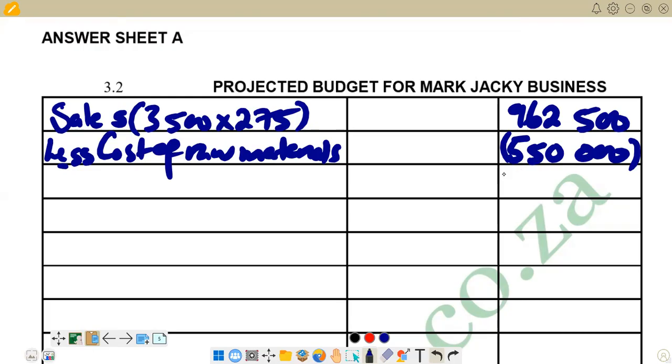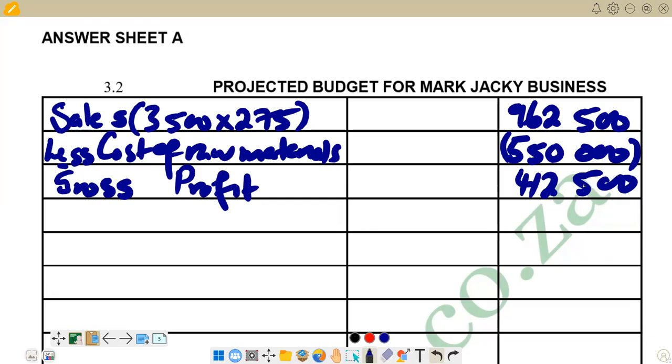So obviously now we are going to say 962,500 subtract 550,000, and the figure that we are going to get there is going to become our gross profit. If you subtract there, you're supposed to get 412,500. So this is what we have.